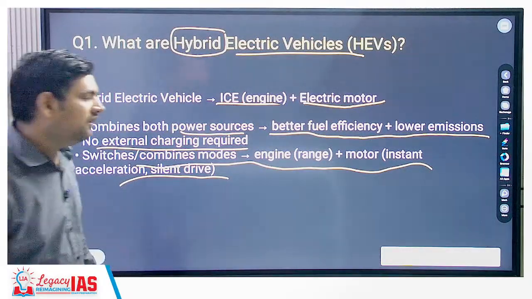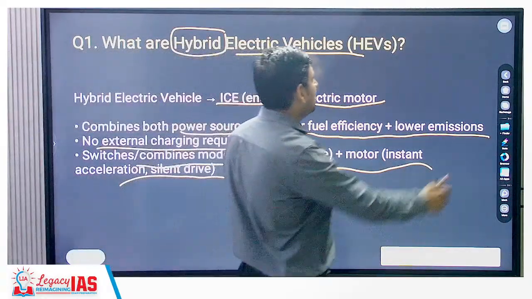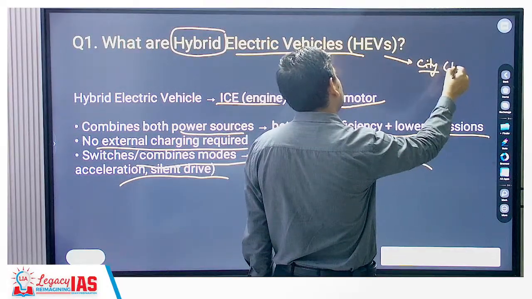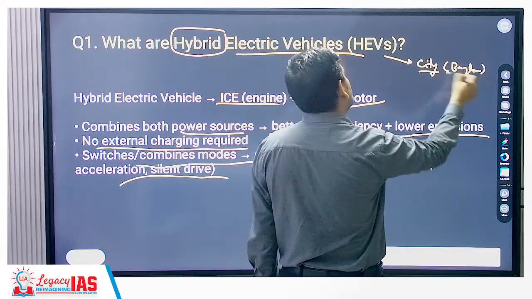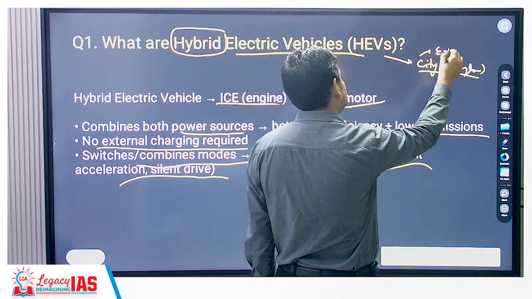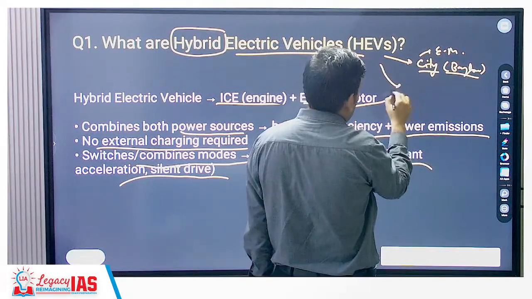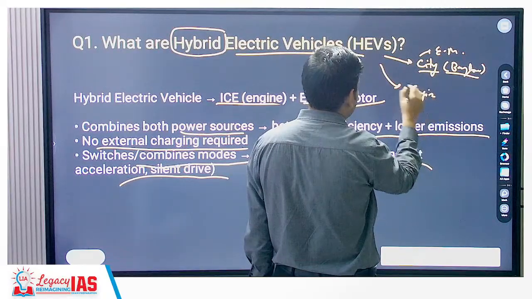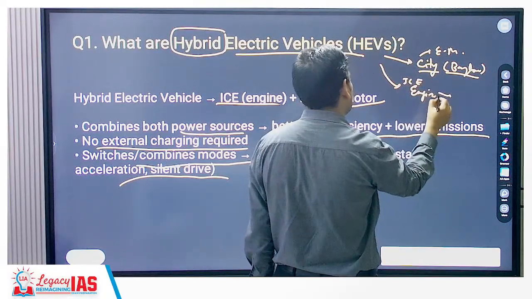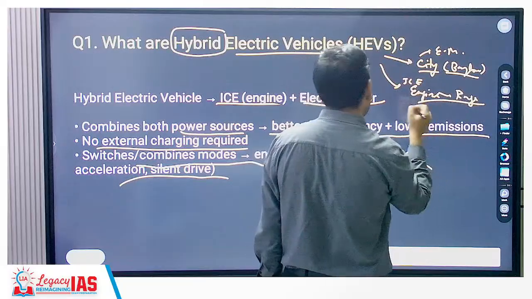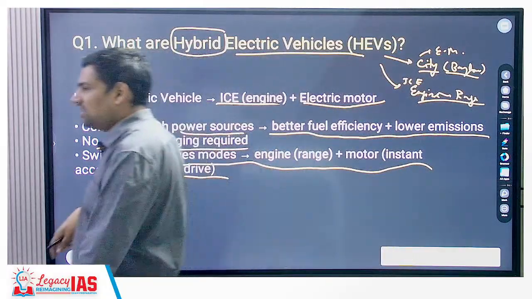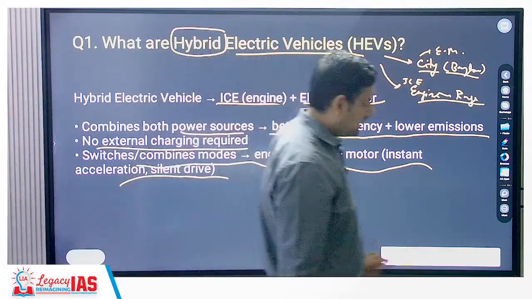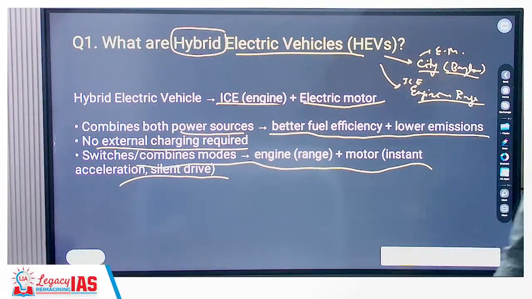So you can have hybrid EVs, and in the city region, at least in Bangalore or nearby regions, you can use the electric motor, and after that you can use the ICE engine to get more range or reach Chennai or similar places which are far apart. So this is what it combines here.